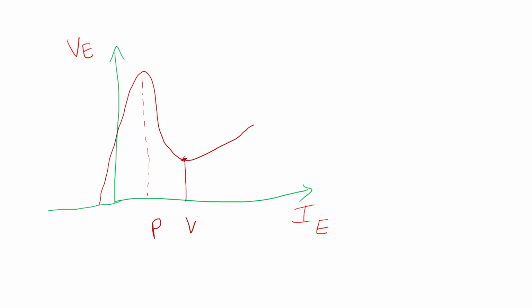Drawn across the x-axis, it is peak current, and across voltage, it is valley current. So this point is called the valley voltage, and this value is called the peak value.